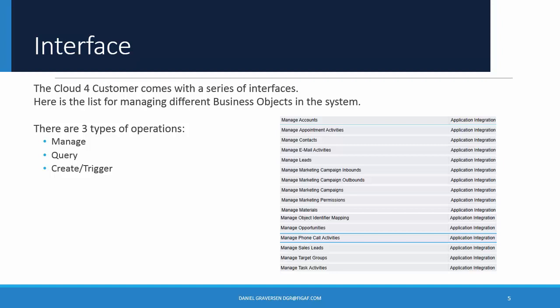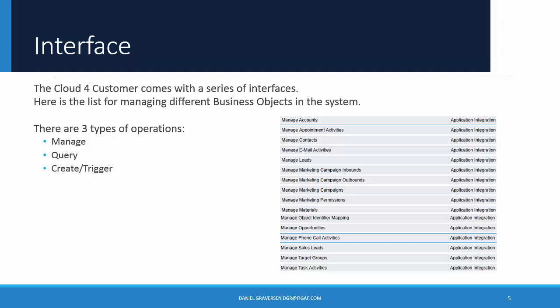There are two types, the query and the manage. Obviously you can get the data or you can update the data, depending on what you want to deal with. Then there are some interfaces that have create or trigger interfaces that trigger whenever something happens.